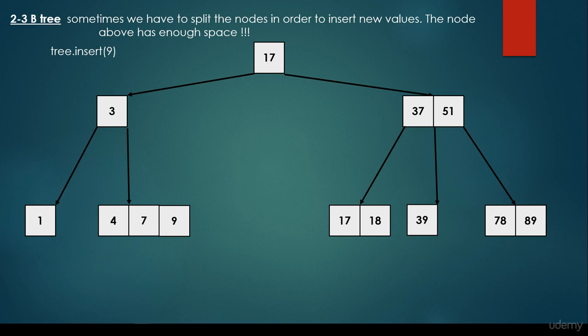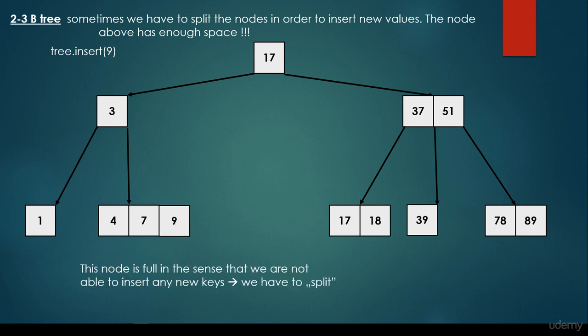You may come to the conclusion that it is approximately fine, but it violates the B tree principles. We have been discussing that this is a second order B tree, which means that every node can contain at most 2 items or 2 keys. But we have inserted the third item, this item 9, so we have to split this node.